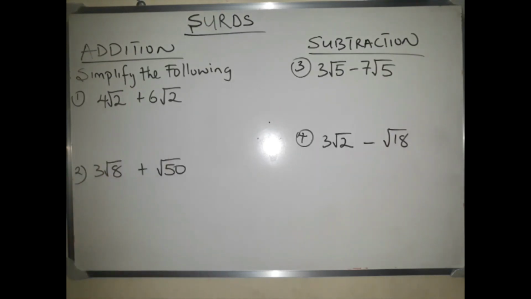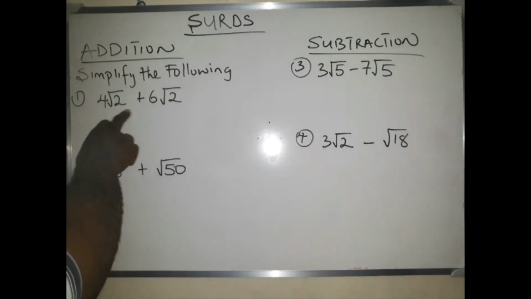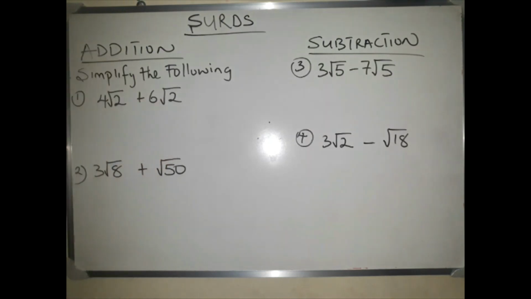So let's go. First of all, we're looking at how to add surds, and we have two questions in the addition aspect. It says simplify the following, and the first one says 4 root 2 plus 6 root 2. Now, we can see that they both have the same numbers in their square root.